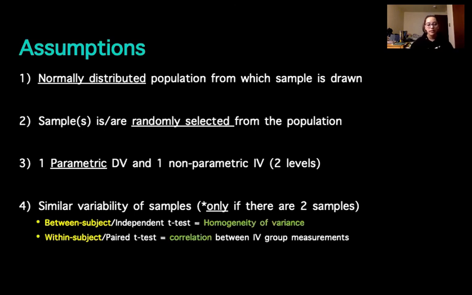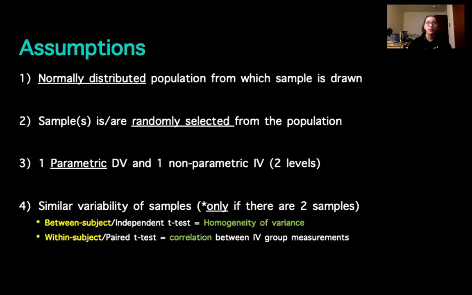And then if you have within subjects, usually you have to have a certain correlation coefficient between both of your groups to make sure that you can assume that each group has been collected on the same person, if that makes sense. Or like control versus intervention. So we'll get there. But these are two additional assumptions that you would add on based on the type of sample that you have.